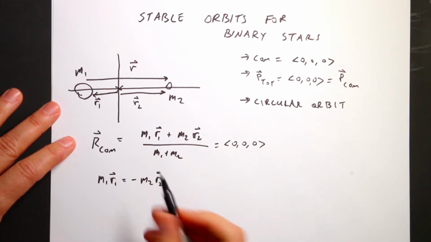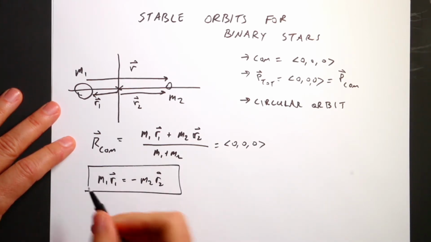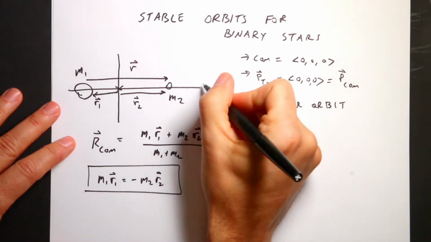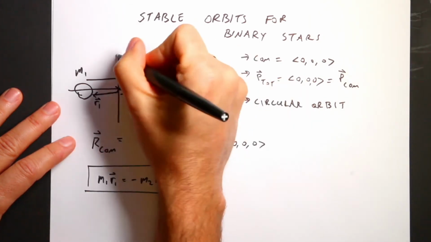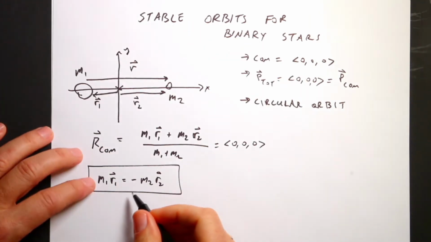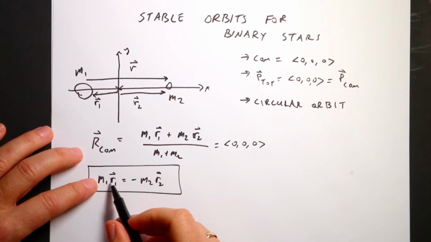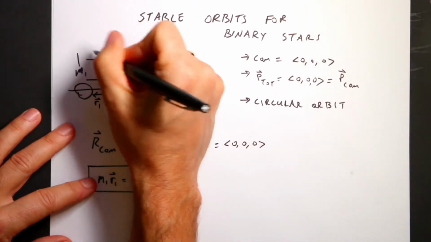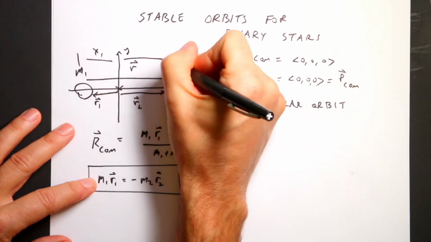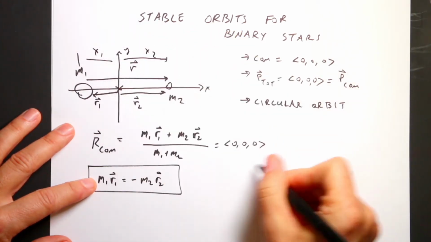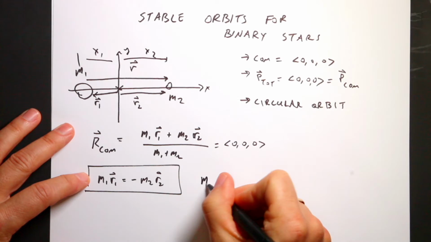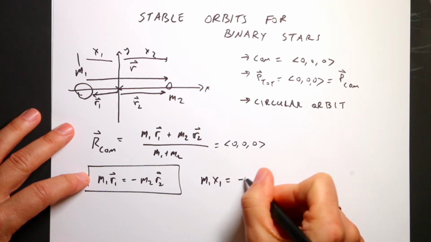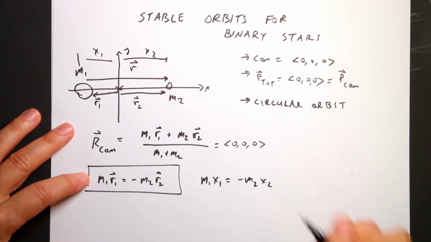That has to be true for the center of mass to be at the origin with just 2 points. Okay, so let's set this on the x-axis. Let's call that x, and let's call that y, just to make things easier. We can get some values here. This is going to be x1, and this is going to be x2. So now I get m1 x1 equals negative m2 x2.